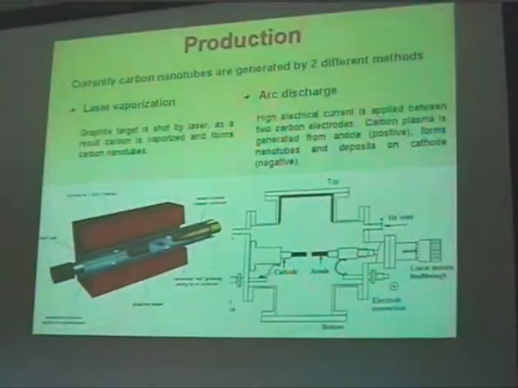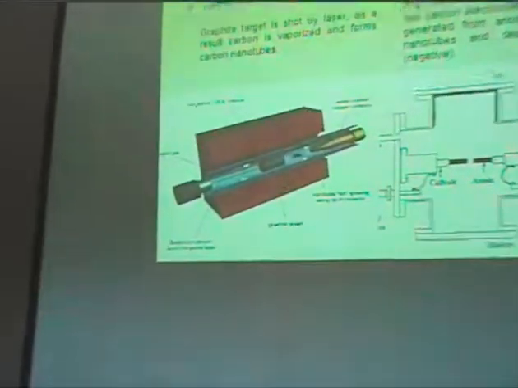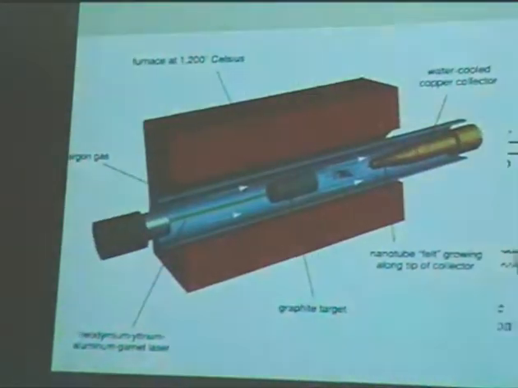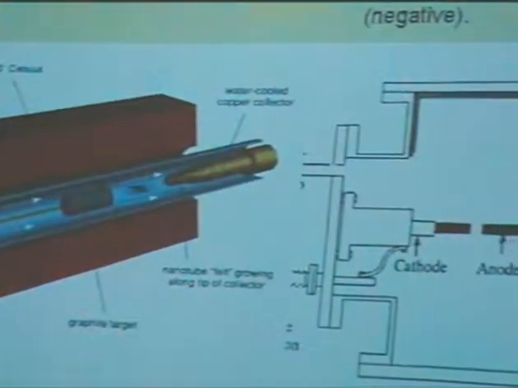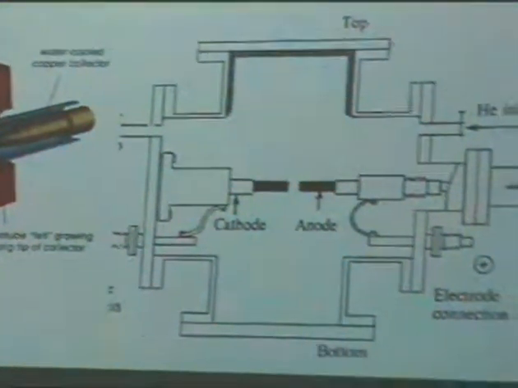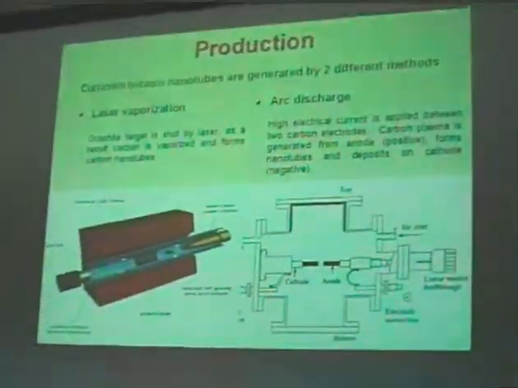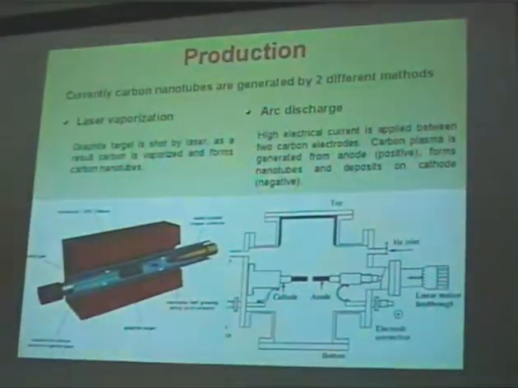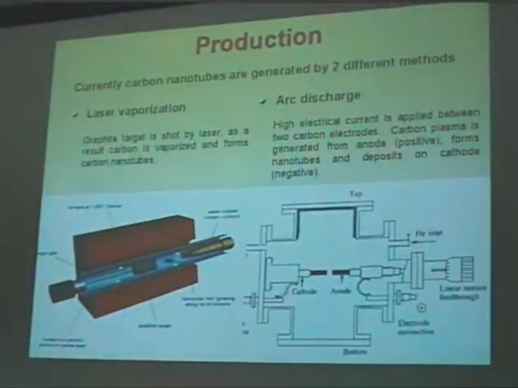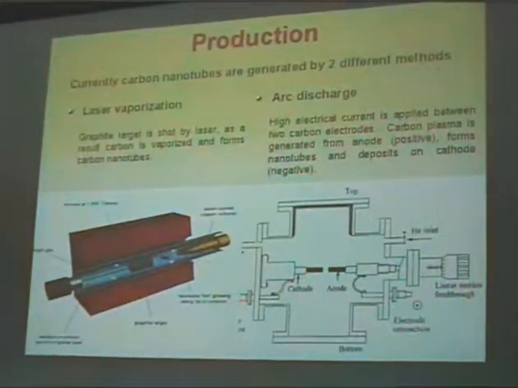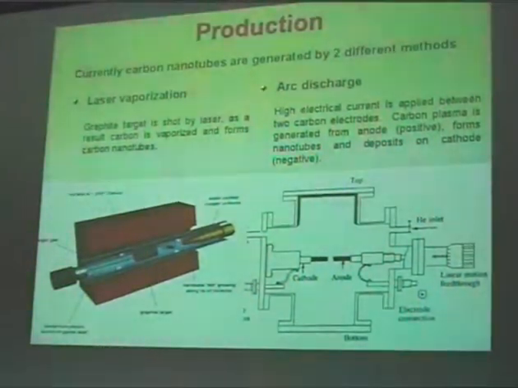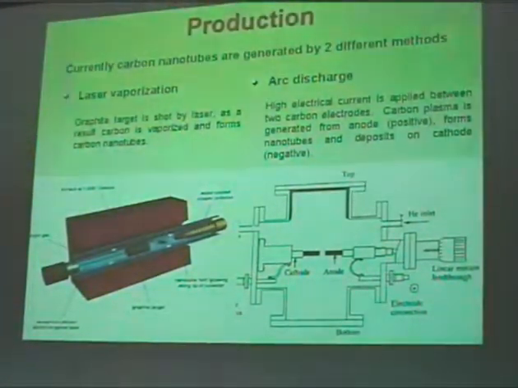The interesting thing is that all these potentially fantastic applications are faced with a reality: so far, the production of single-wall nanotubes has been limited to micrograms or milligrams, very small quantities that make all these potential applications very difficult to realize.